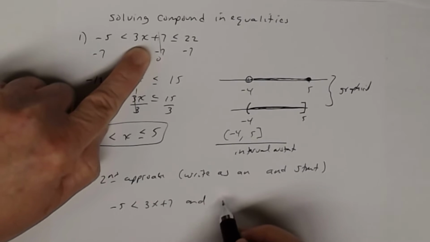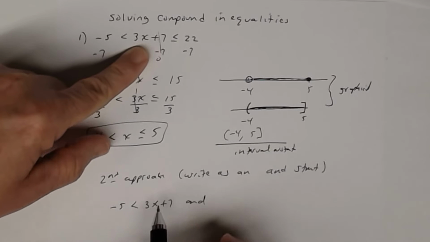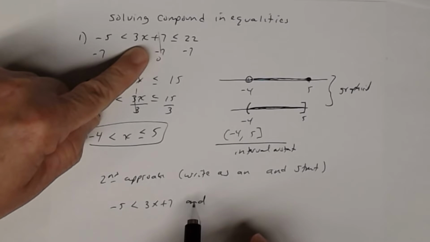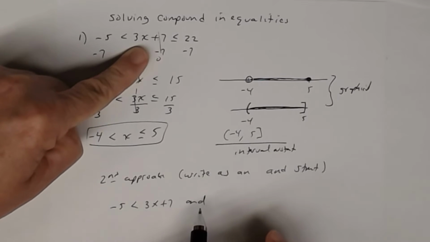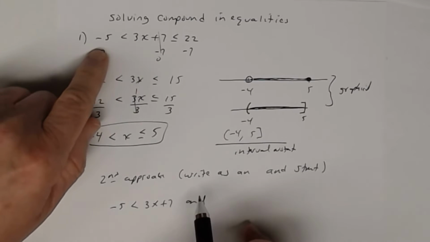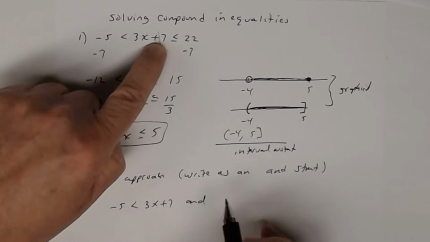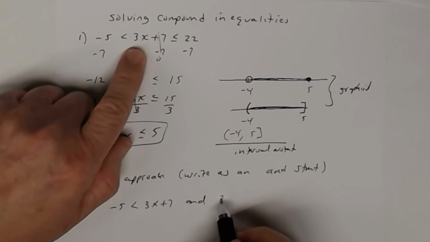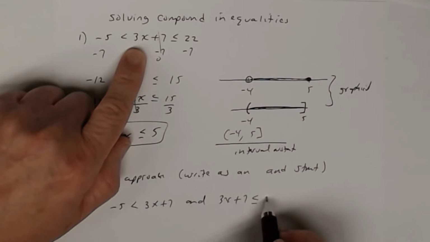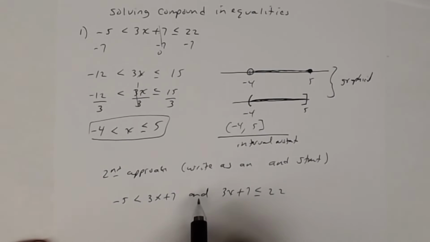And at the same time, if you're going to write it like this, you need to use the word and. So don't leave that word off, because then you're going to lose some points, because mathematically what you're saying is that -5 is less than 3x plus 7, and at the same time 3x plus 7 is less than or equal to 22. So that's not an or statement, that's an and statement.